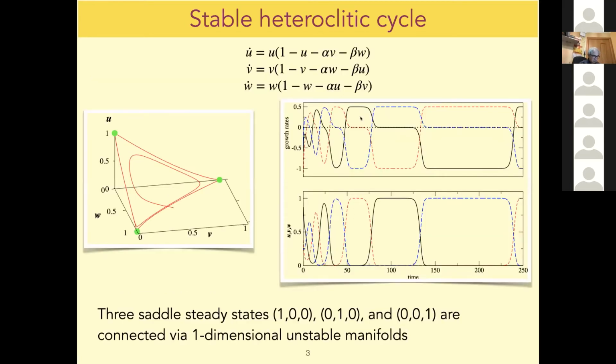In this case, the equation realizes this stable heteroclinic cycle, which in the projection on 3-dimensional space looks like connections of the 1-dimensional unstable manifolds of 3 steady states, where one of these species exists, one or another or the third.